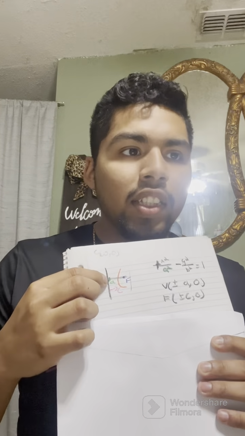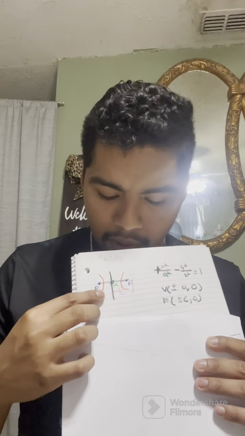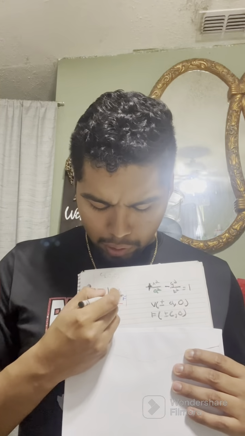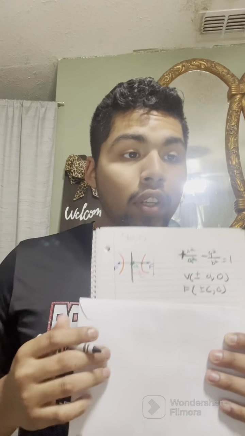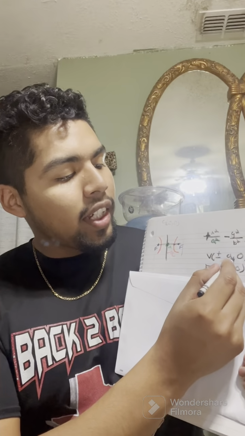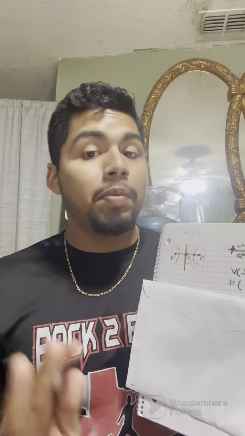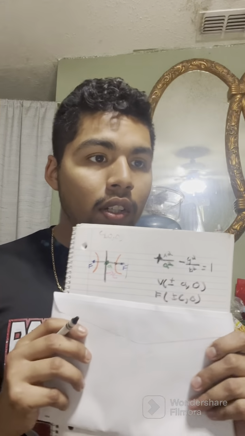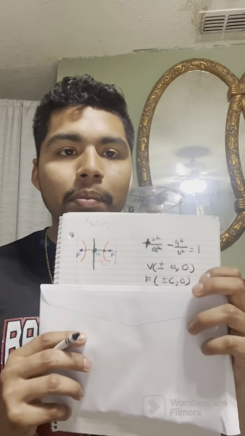a is the distance from the center of the hyperbola to the vertex. So the center and the vertex. So we get the two vertices. So it'd be plus or minus a, comma 0 for this specific hyperbola. And the same thing for the vertical.